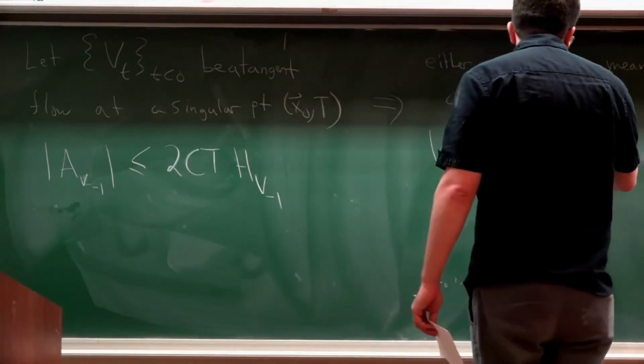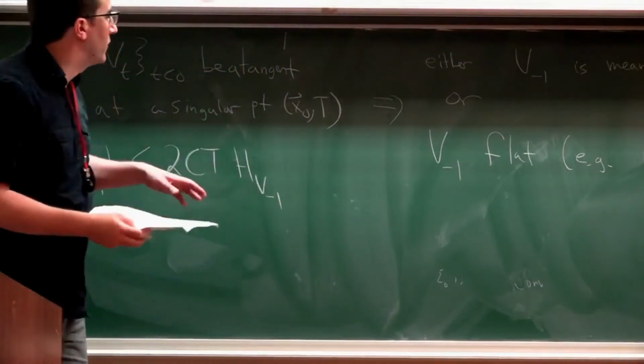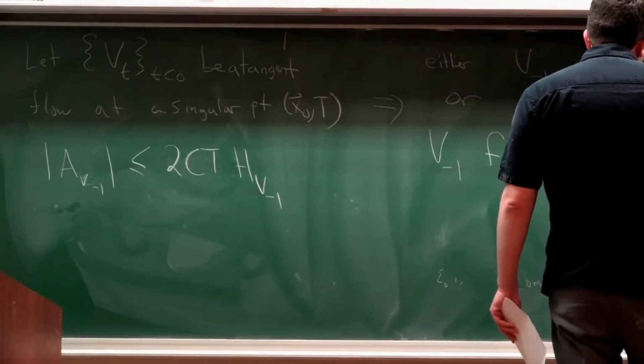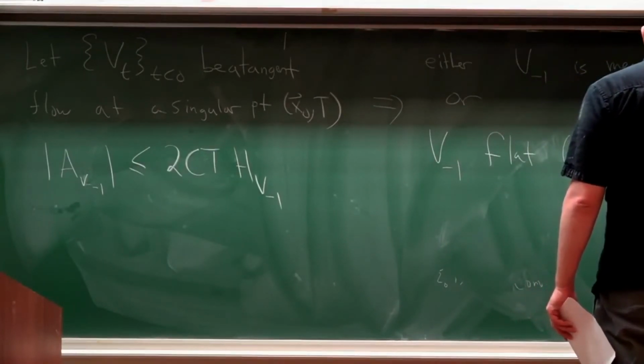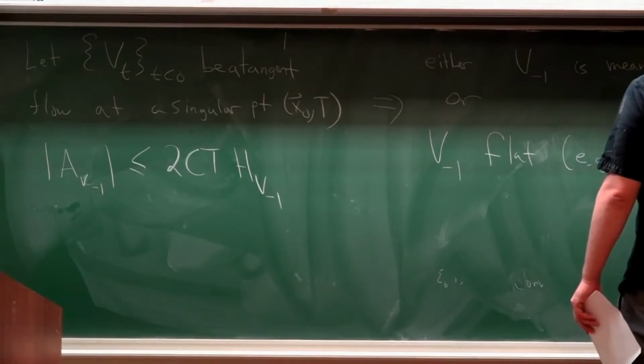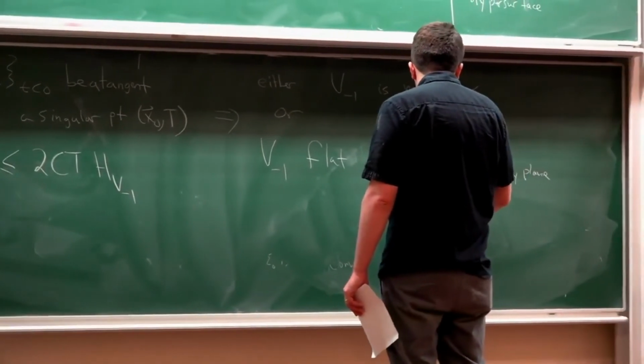And what this could mean is that, for example, it can't be a flat multiplicity 1 plane because it's a singular point, but it could be a high multiplicity plane, or a flat cone.